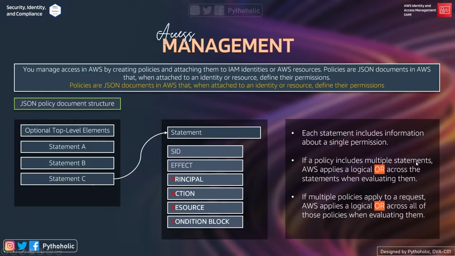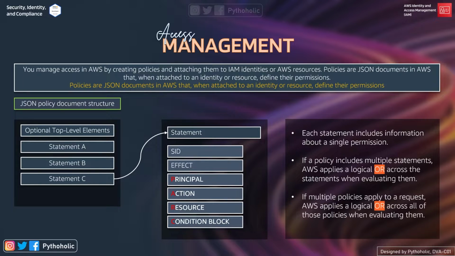If a policy includes multiple statements, AWS applies a logical OR across all the statements when evaluating them: statement A or statement B or statement C. Similarly, if multiple policies apply to a request, AWS applies a logical OR across all those policies when evaluating them.